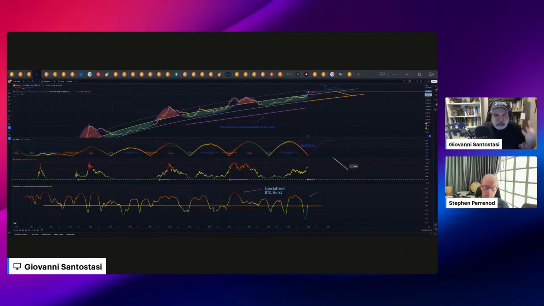Metcalfe's derivation is relatively easy, and the square result is valid at the limit, when the number of nodes is very, very large. When the number of nodes is very large, the value, in this case the price of a network, is proportional to the square of the number of nodes.